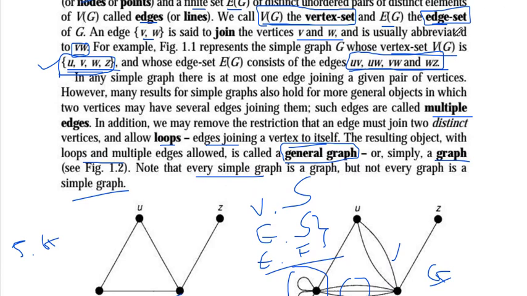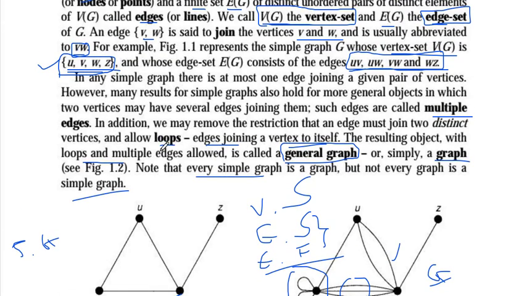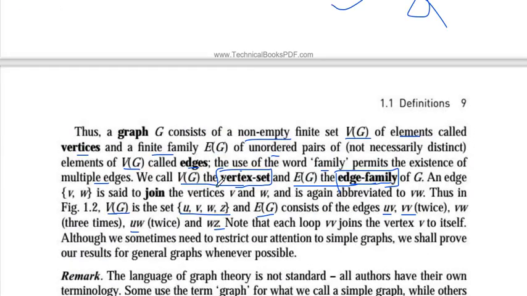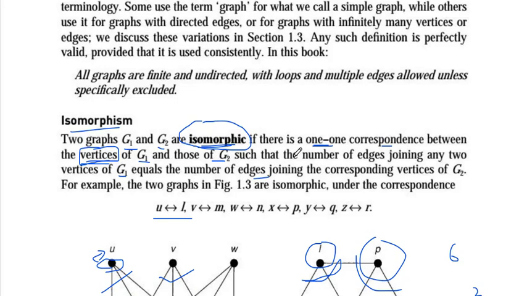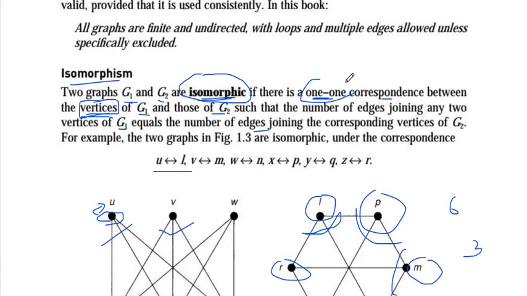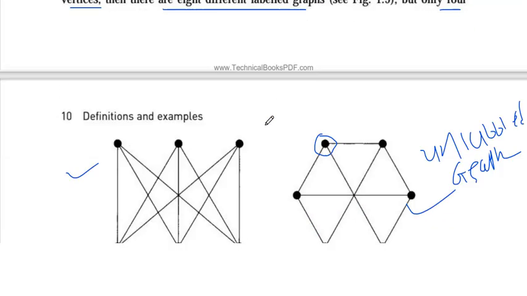So, vertex set and edge family, if it has multiple edges. Then multiple edges, loops, general graph or simple graph. Then isomorphic: if there is a one-to-one correspondence of vertices and the same number of edges. Then unlabeled graph and labeled graph.